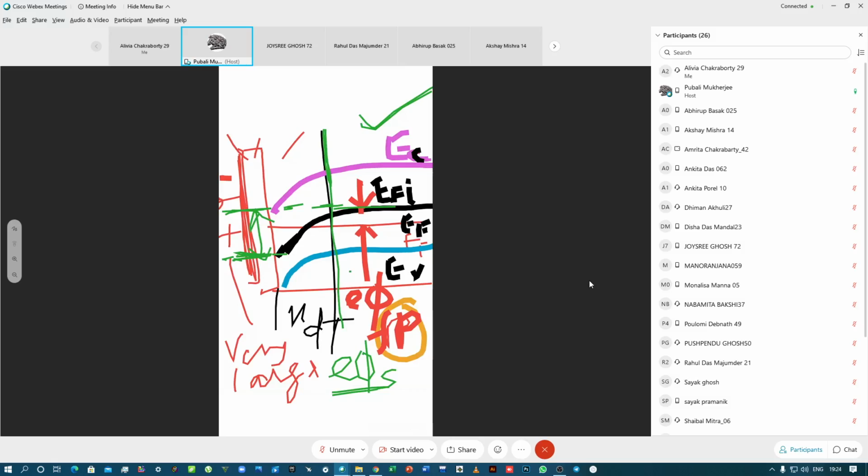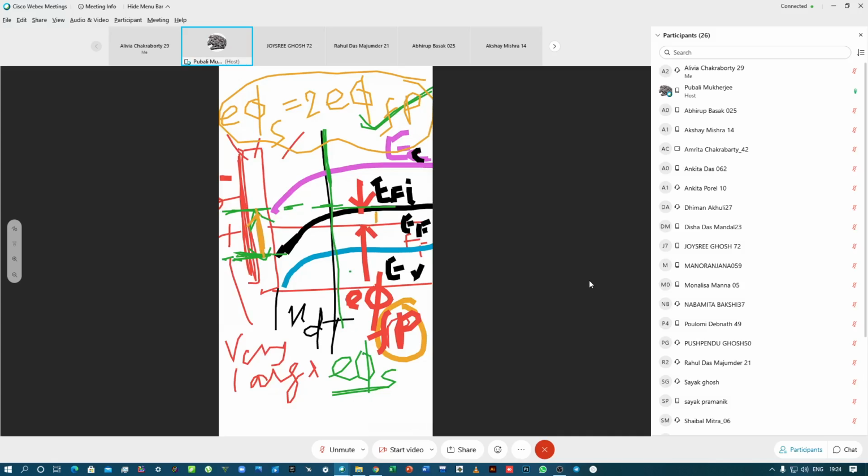Okay, when this E phi s is equal to twice E phi fp, that is the condition, that means this spacing is twice of this spacing.